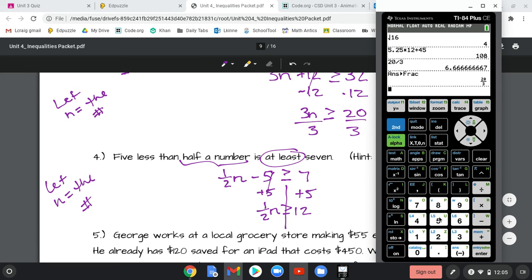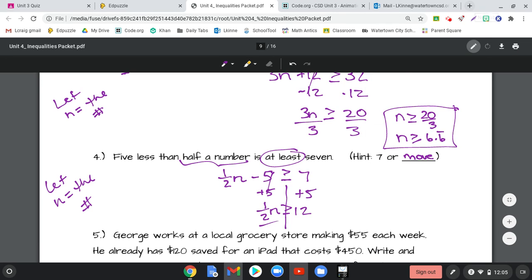So if I did 12 divided by 0.5, or 1/2, that's 24. Half of what is 12? 24, it makes sense. So you could divide by a half or by 0.5. Either way, n is greater than or equal to 24.